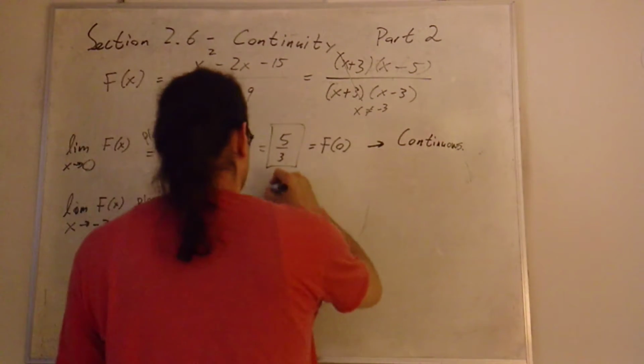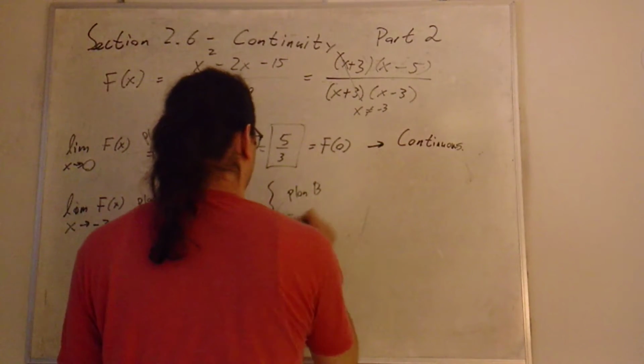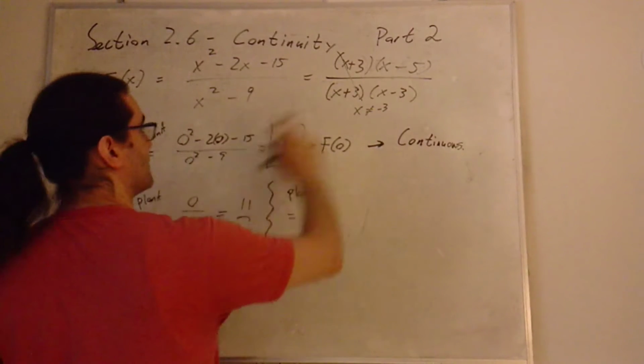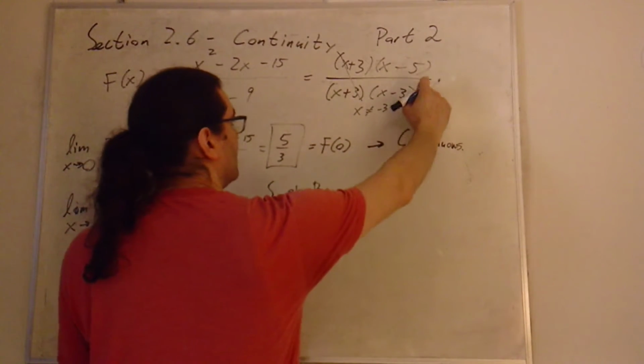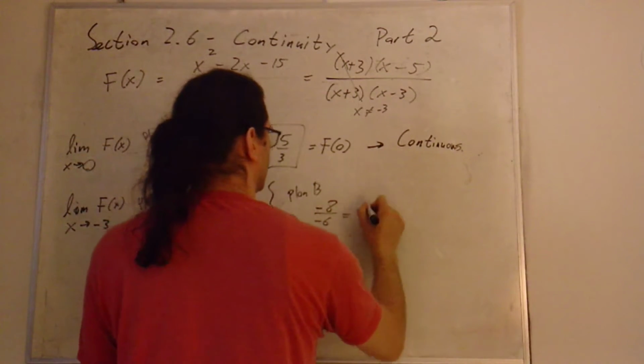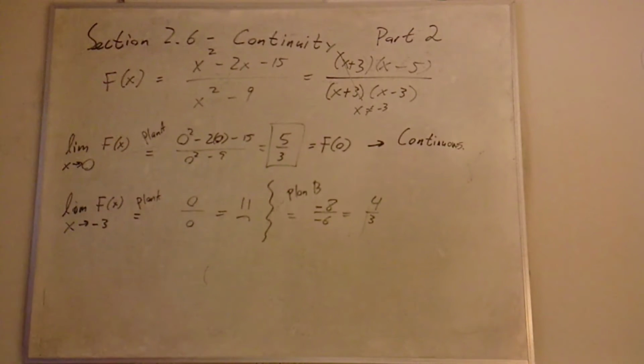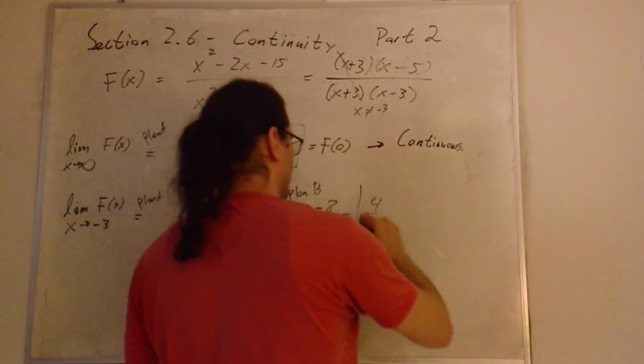So when I hit this guy with a plan B, I'm going to plug this number into the simplified version, so I think I should get -8 over -6, which is 4/3 when that simplifies.